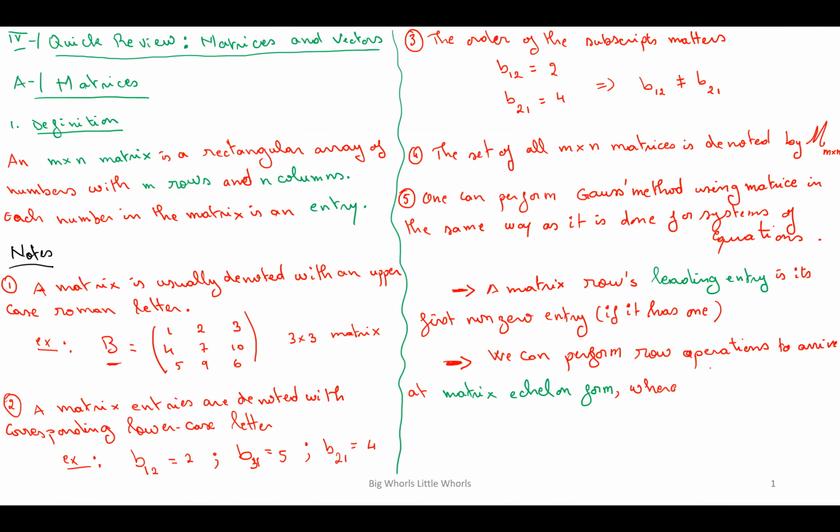So basically it is the same concept we have seen for linear systems, and the reason we use matrix notation to perform the same operations is to make things easier and clearer.